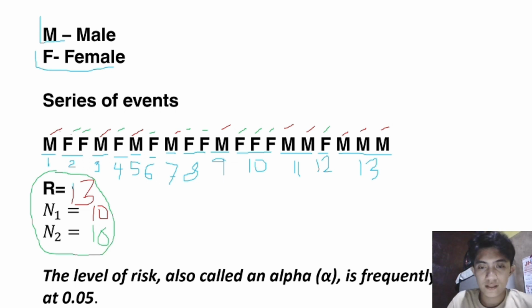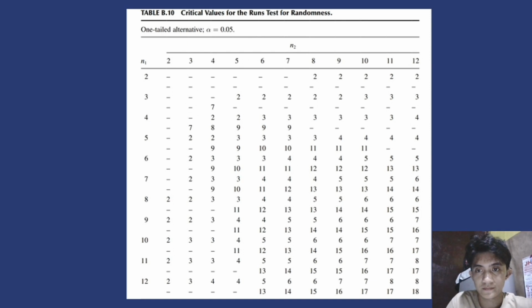So, for 0.05, there is a table for randomness. So, we will use the table to determine if the series of events is random or not. So let's copy first. Our R is equal to 13.